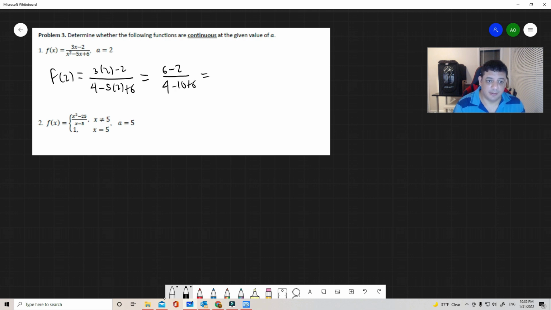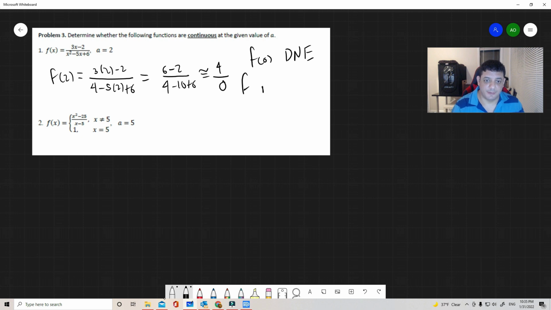As we can see, this is something that is 4 over something that is going to be 0. So that means that f of 2 does not exist. Because f of 2 does not exist, f of x is not continuous at 2.